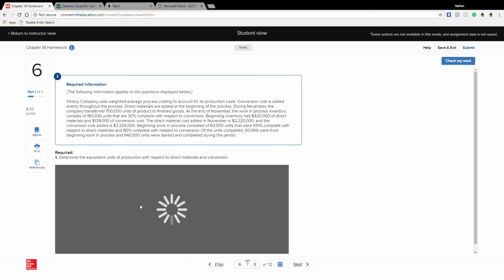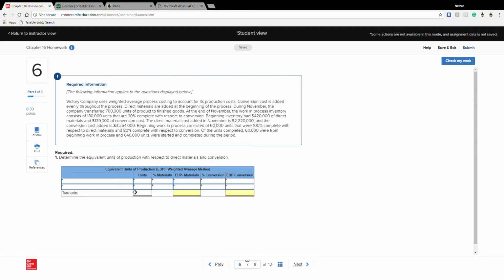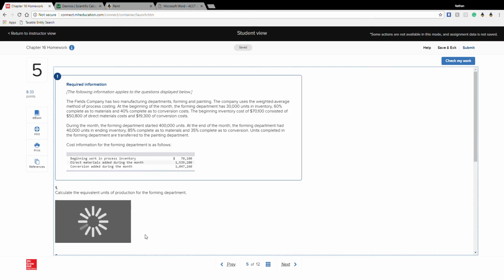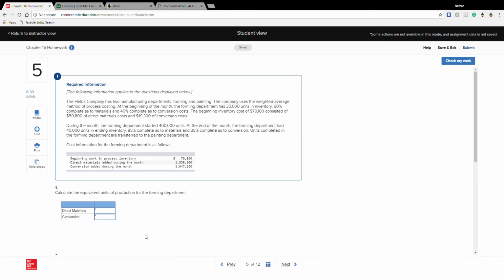So I want to use this as my way of figuring things out. So again, this is all about equivalent units of production. So we know we're dealing with units completed and transferred out and work in process units. Here in question 5, so again, I'm going to flip and flop a lot.